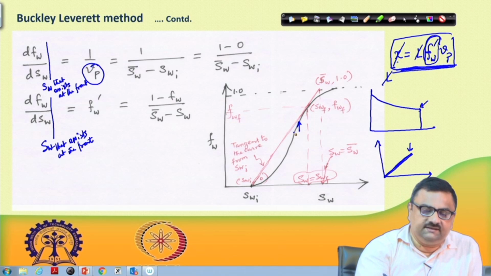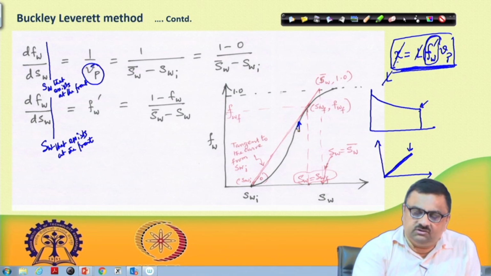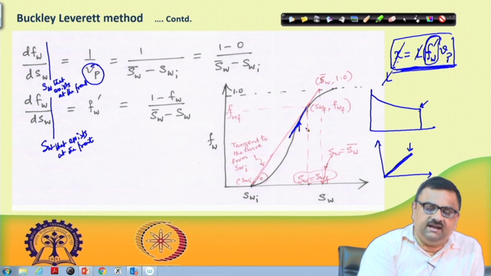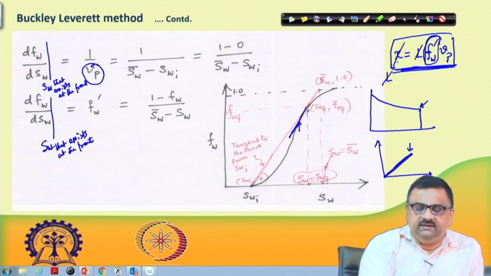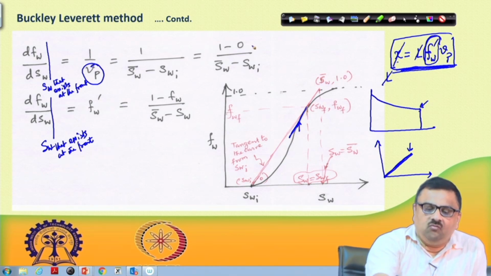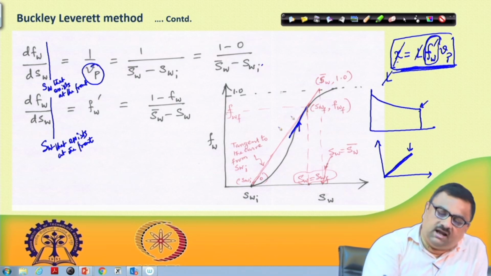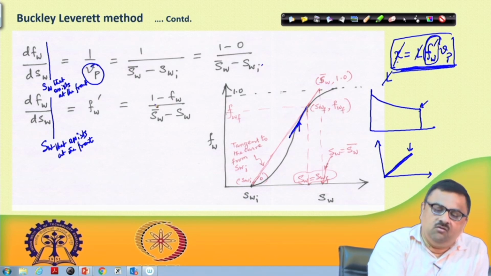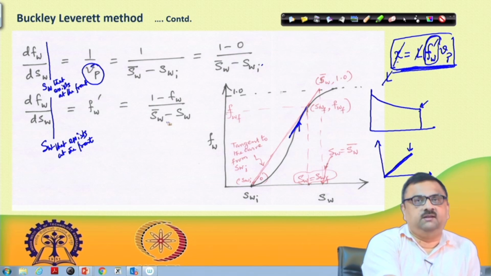So, this is that SW at the front. So, I am drawing a slope here. On one hand this slope is equal to 1 minus 0 by SW bar minus SWI, and on the other hand the same slope would be 1 minus Fw by SW bar minus SW. Okay.